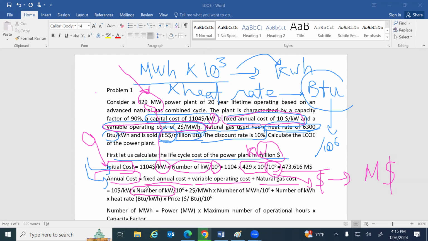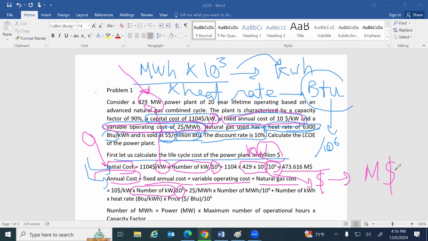And as we said, we take here the power of the power plant, which is 429. And since the value is in kilowatt, we multiply this number by 10 to the power 3. So we just need to do the number, which is 10 times 429 times 10 to the power 3. And we divide by 10 to the power 6 because we need to convert from dollar to $1 million.